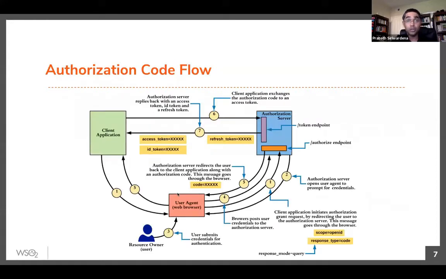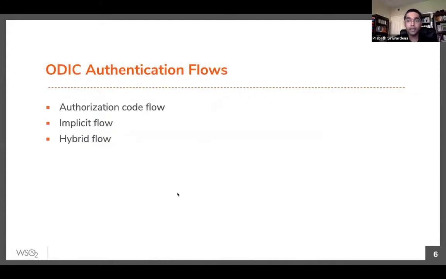Okay. So OpenID Connect defines a set of authentication flows. If you are familiar with OAuth2, you know OAuth defines a set of grant types. Right? A grant type defines how the OAuth client can get an access token from the authorization server.